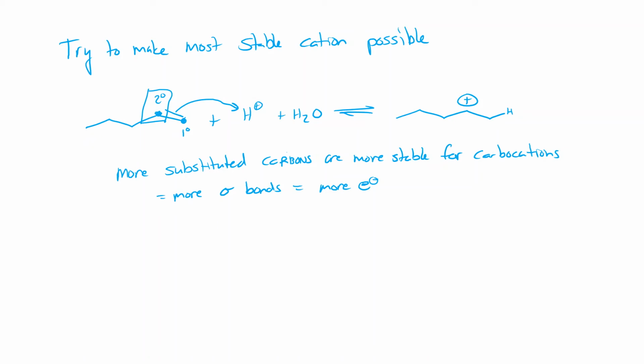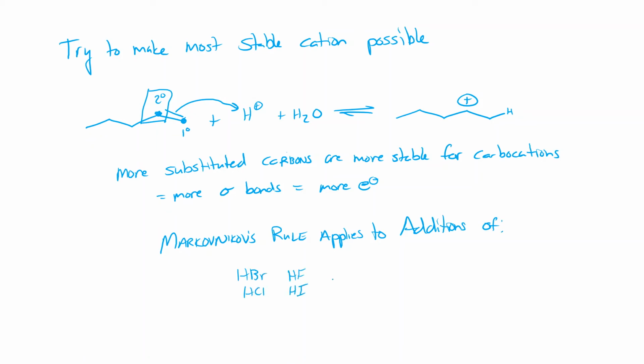So Markovnikov's rule applies to all of the additions that we've talked about. It applies to addition reactions of HBr, HCl, HF, HI, and any kind of H plus H2O reaction.